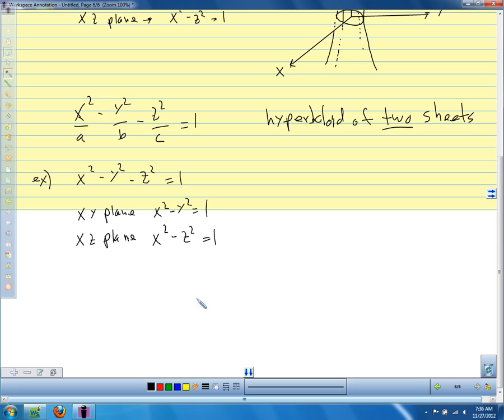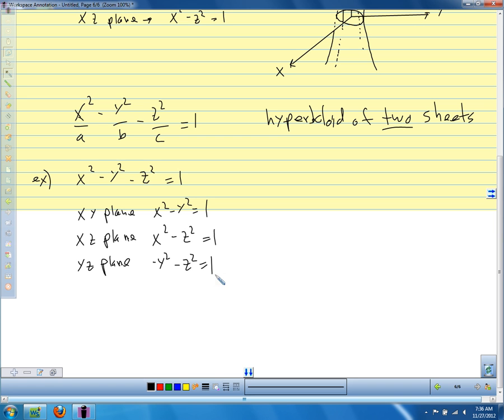So I have a hyperbola in that plane. In the yz plane, I have minus y squared minus z squared equals 1.